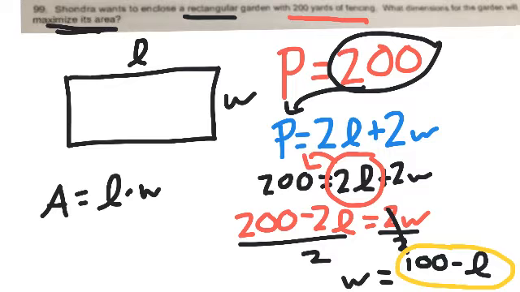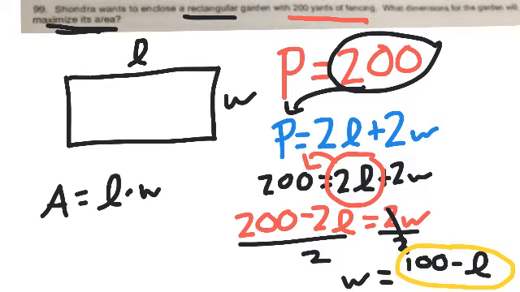So now I know what the width is in terms of the length, so I could plug that in for the width in my area formula. And I would want to do that because now instead of having length and width, I'm just going to have length, an L, in both parts of that formula. Sorry, hold on, I plugged it in the wrong place.